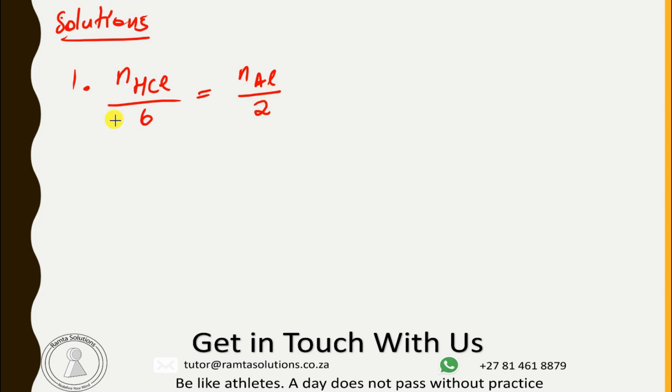So the number of moles of hydrochloric acid is equal to the number of moles of aluminum over 2 multiplied by 6. What is this?